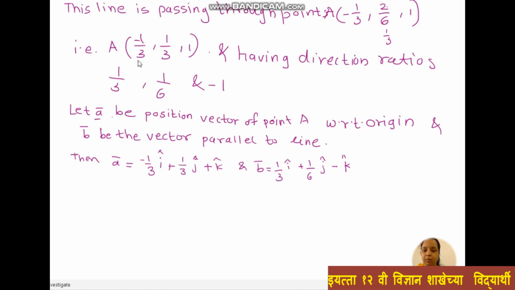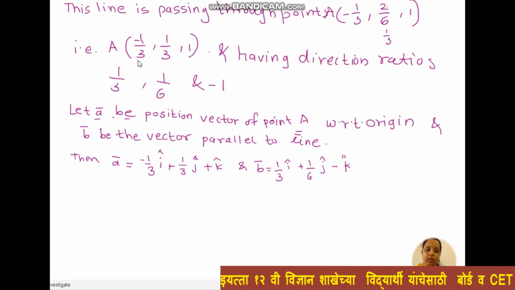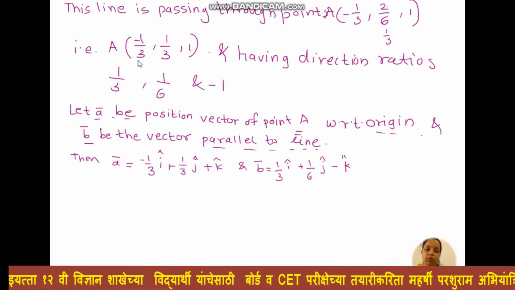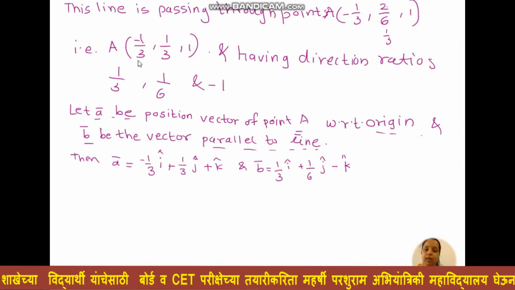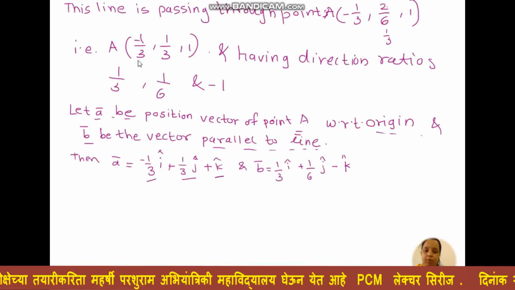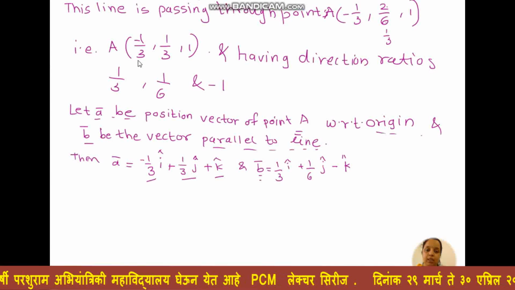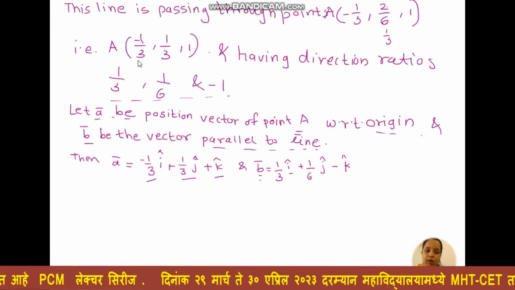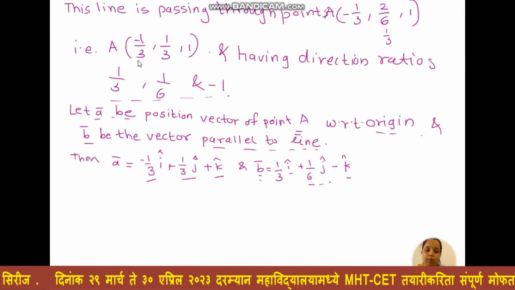Let A bar be the position vector of point A with respect to origin and B bar be a vector parallel to the given line. Then A bar is minus 1 upon 3 i plus 1 upon 3 j plus k, and B bar is the vector formed by these direction ratios, that is 1 upon 3 i plus 1 upon 6 j minus k.